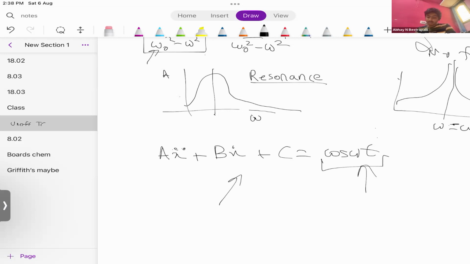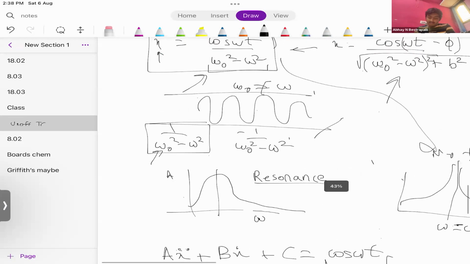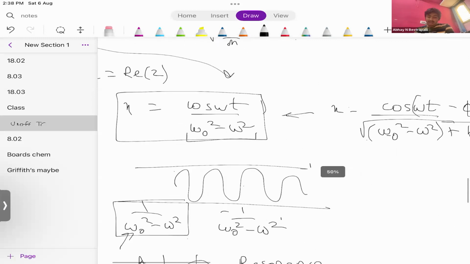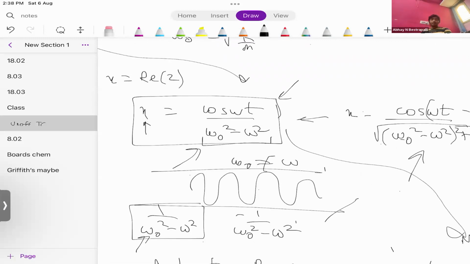Oh wait, I'm sorry, I forgot to mention one more thing. Notice that this solution is a wave with frequency omega. That is, the frequency of the solution is the frequency of the forcing term.